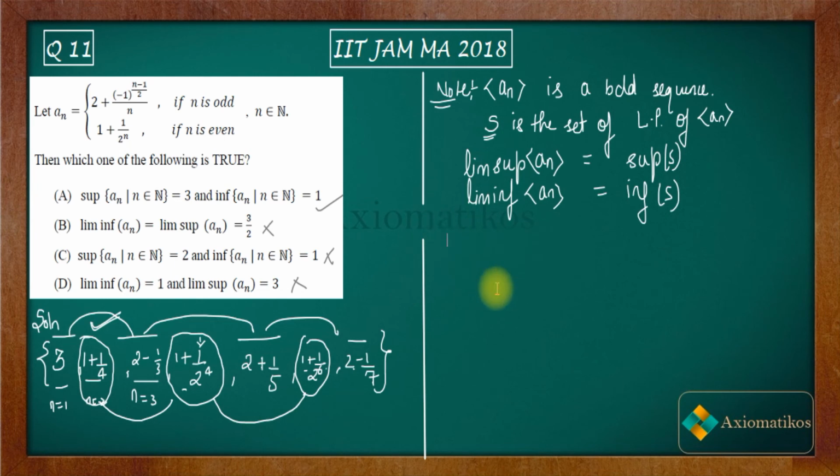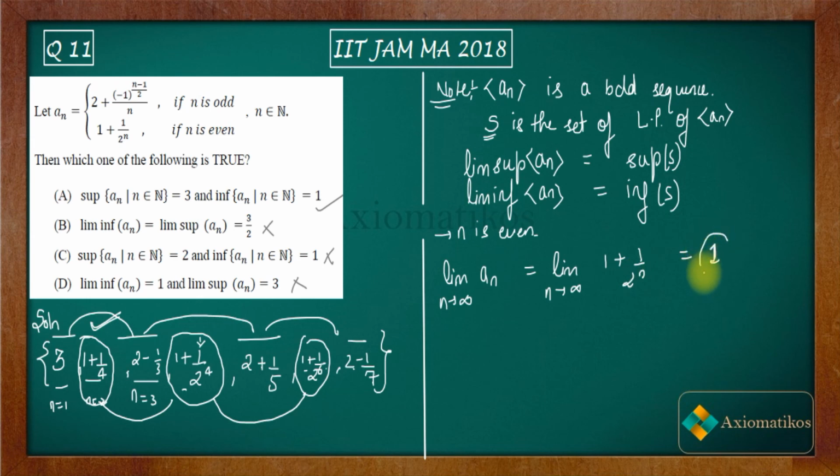When n is even, what limit points are you getting? The limit as n goes to infinity of an, with n even, is 1 plus 1 by 2 to the power n. So you will get 1 as your limit. That means you got only one limit point in this case.